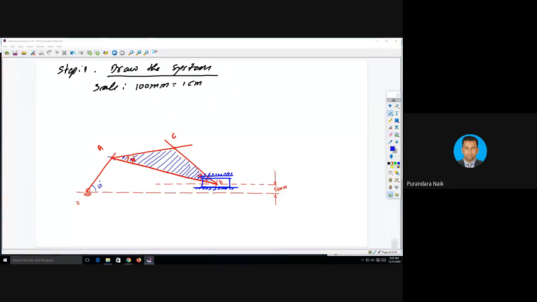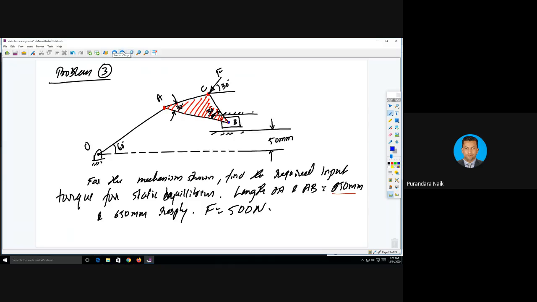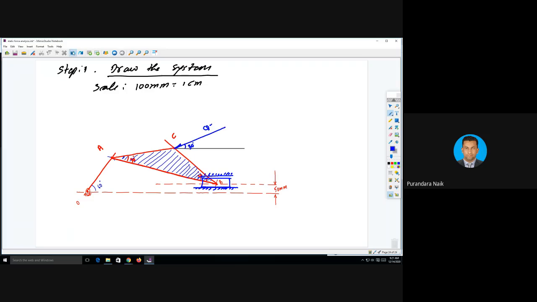So I need to draw a horizontal line through point C. After drawing the horizontal line, take a 30-degree line. This is the force, F is 500 Newton.